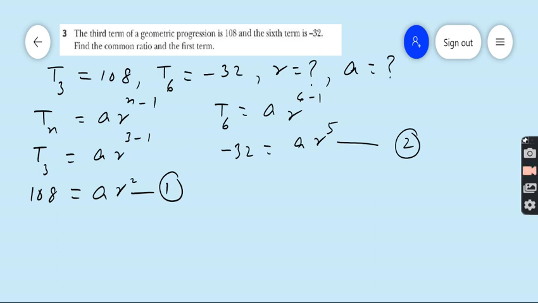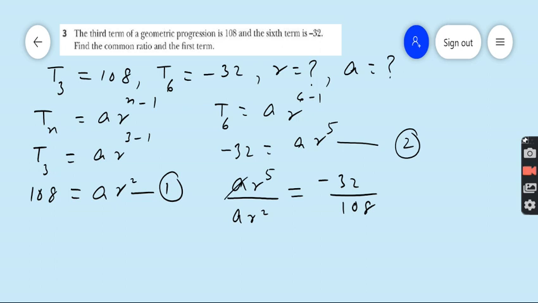Okay, so we have two equations. If we divide equation 2 by equation 1, we get A R^5 upon A R^2 is equal to minus 32 upon 108.